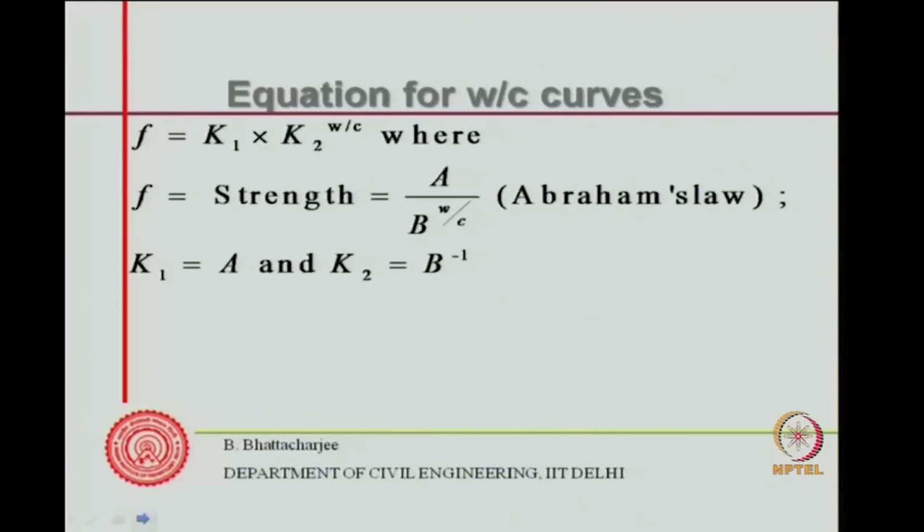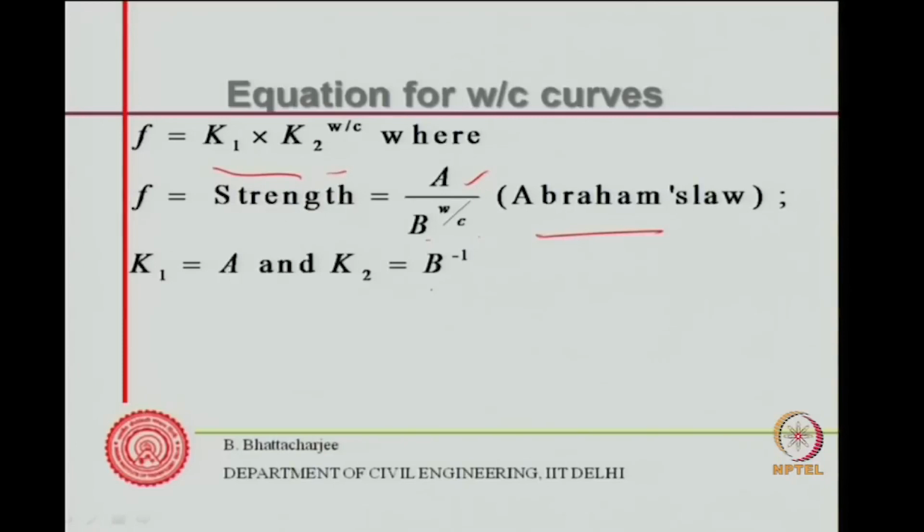Well, these curves can also be put into equation form. That is what we have done actually, because these are hyperbolic curves and you can fit them in this form: K1 plus K2 to the power w by c, something similar to Abraham's law, which says A by B to the power w by c.